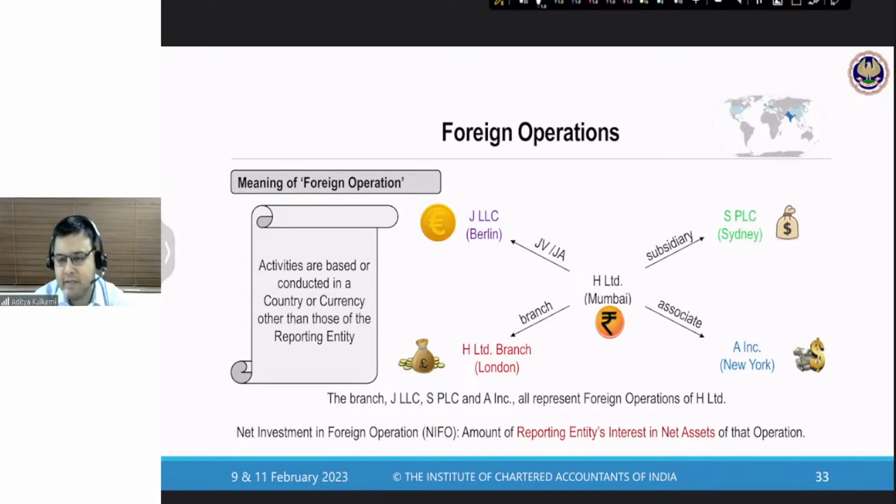So the principles that we are now discussing in today's class is how do I start the conversion of these trial balances into INR? Are there any principles? What are the rates at which the balances should be converted? And if there arises a balancing figure on account of such conversion, where do I take that?